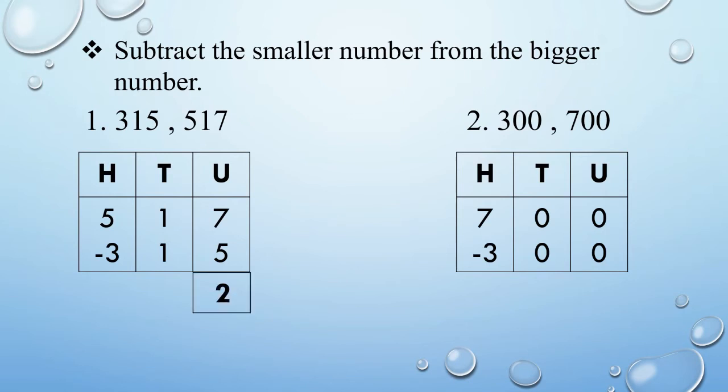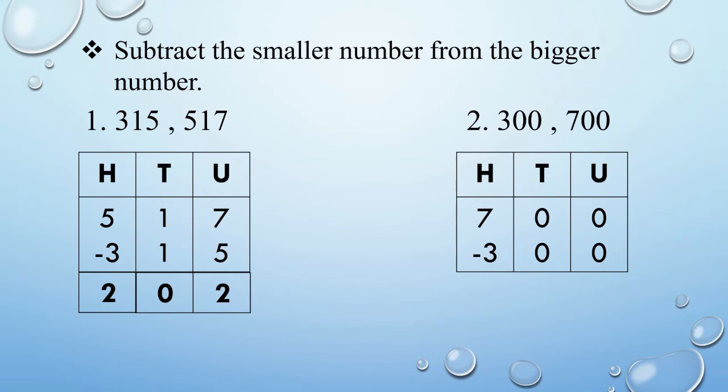Now tens column, 1 ten minus 1 ten is 0 tens. Very good. Means 1 minus 1 is 0. Now hundreds column, 5 hundreds minus 3 hundreds is 2 hundreds. Very good. So the answer is 2 hundreds, 0 tens and 2 units, means 202.